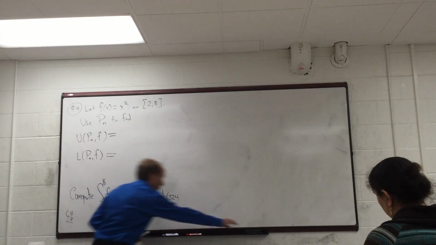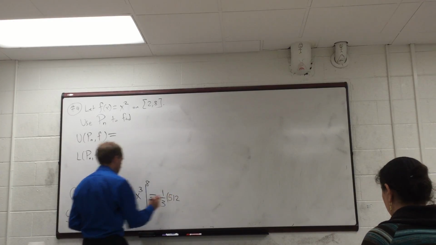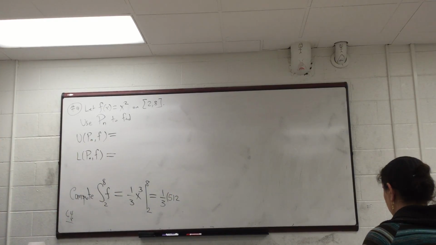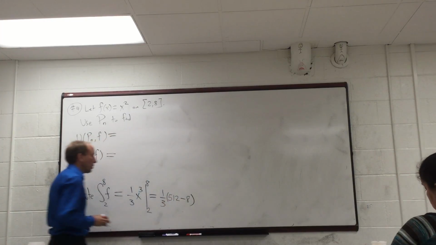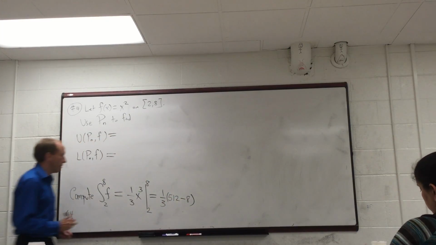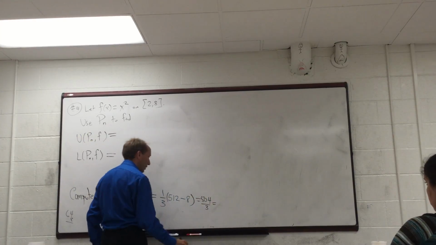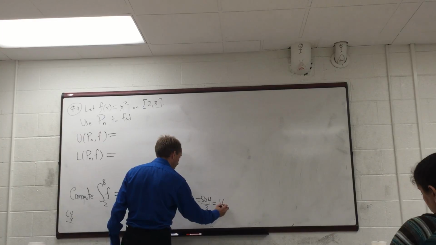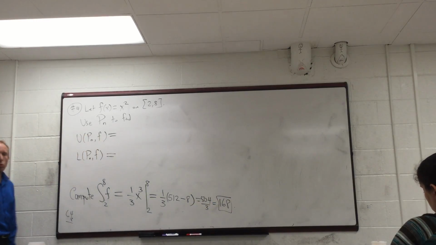No, it's 512. 512, right? 8 cubed, that's 2 to the 9, 512. And then minus 2 cubed is 8. So we're going to get 504 divided by 3, which is 168? Okay, so that's what we're expecting.